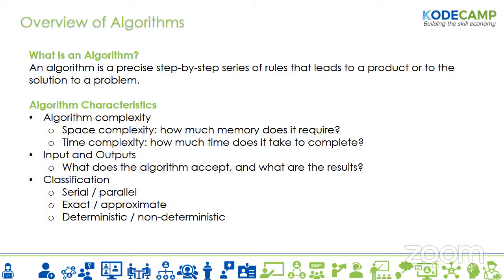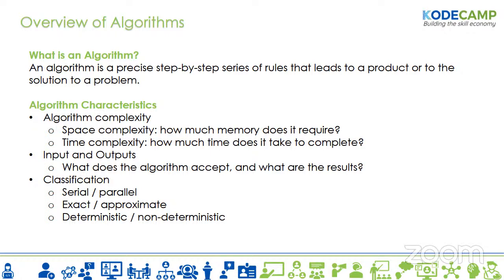An algorithm is related to the problem, and there can be different approaches to how the problem is solved. In essence, an algorithm is your own thought process of how you're going to solve the problem, and based on experience, some algorithms perform better than others. So we want to understand what the characteristics of algorithms are.